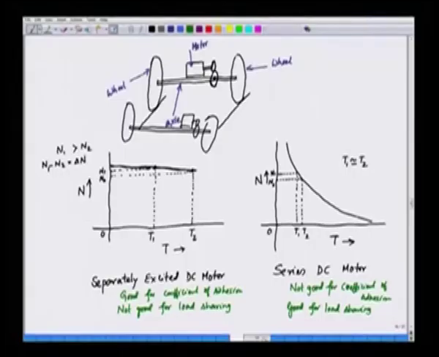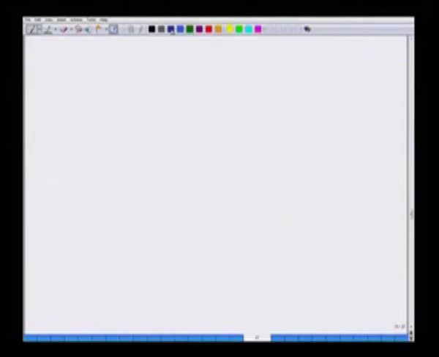Now, say for example, here we have two motors connected in series. Motor connection. Say we take, let us say, series motor. So, we have two motors which are connected in series.